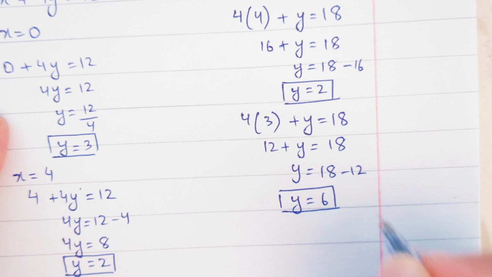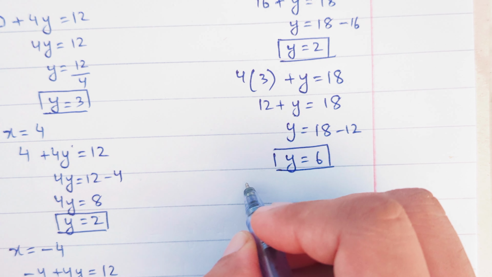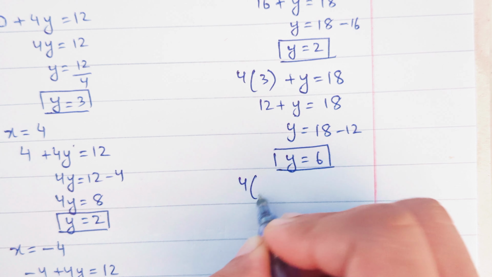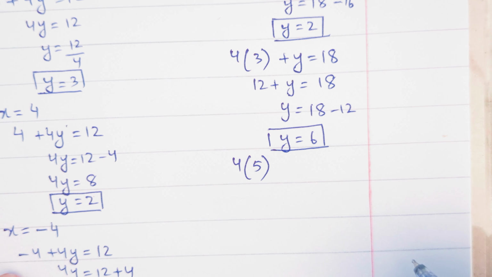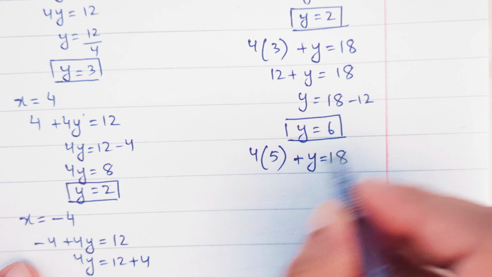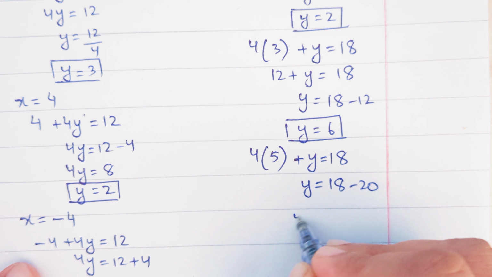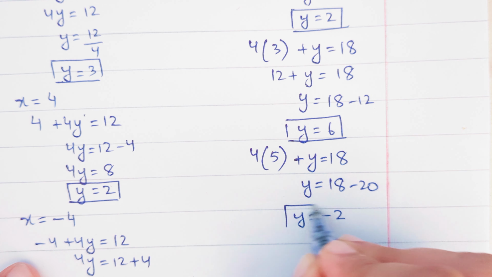And then let's take another number which is again big. Then let's take 5. x is equals to 5. So 4 5s are 20. And when we move it to the other side, it will be 18 minus 20, which is -2.